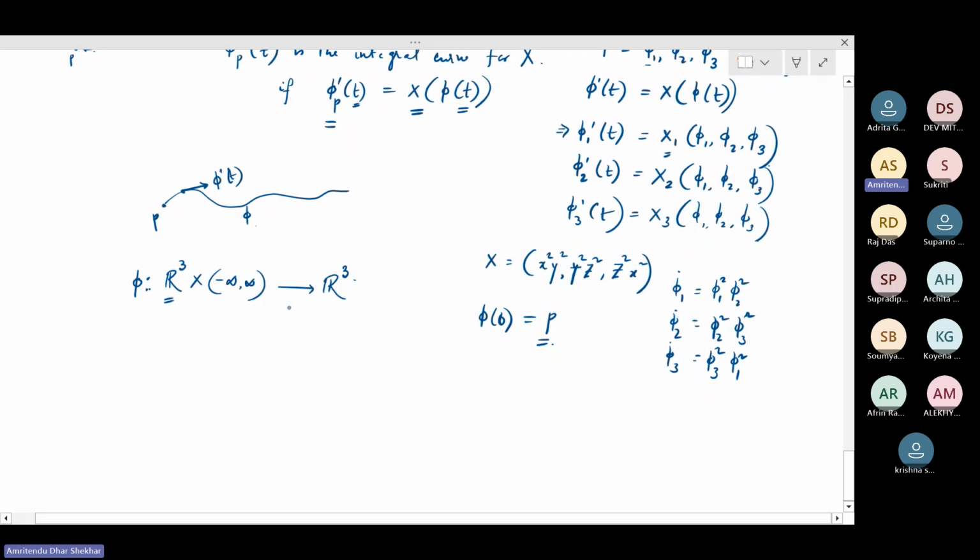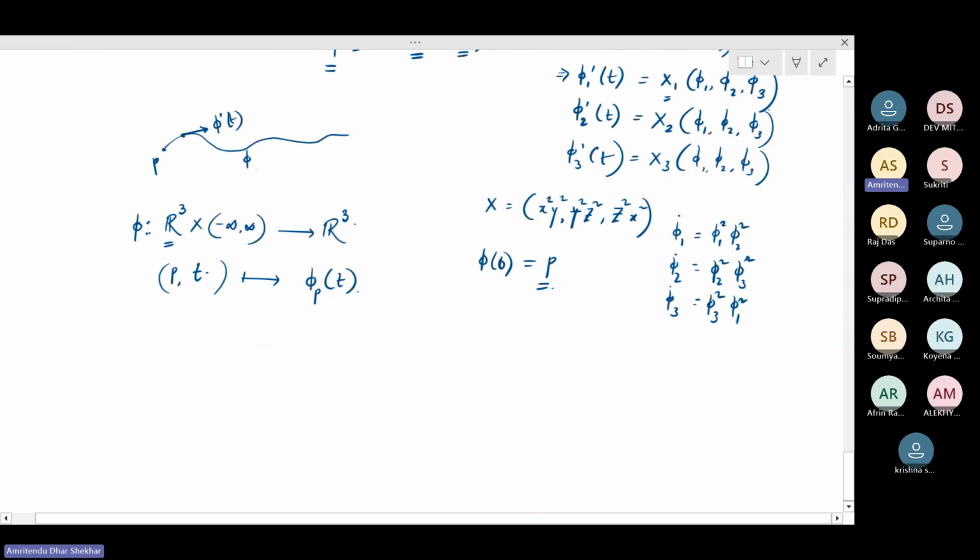What this means is that you choose an initial point P, and you choose the amount of time you want to flow for, and you will get phi P at T. I hope you're understanding this.